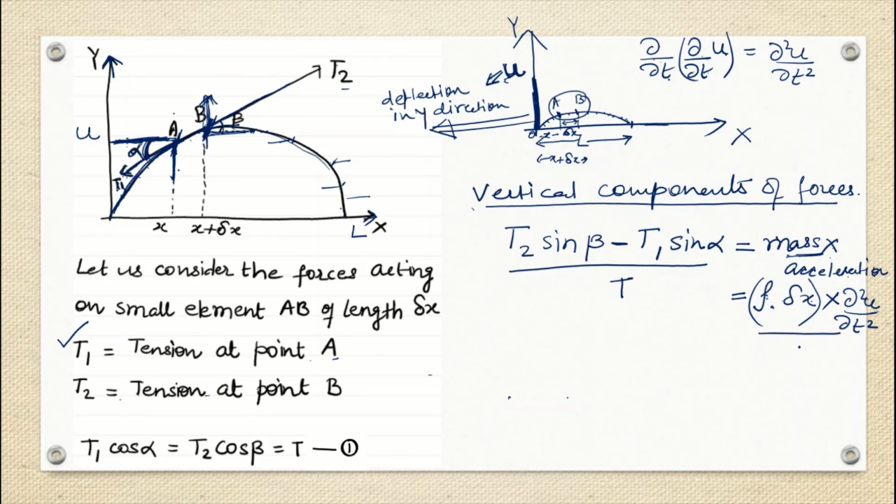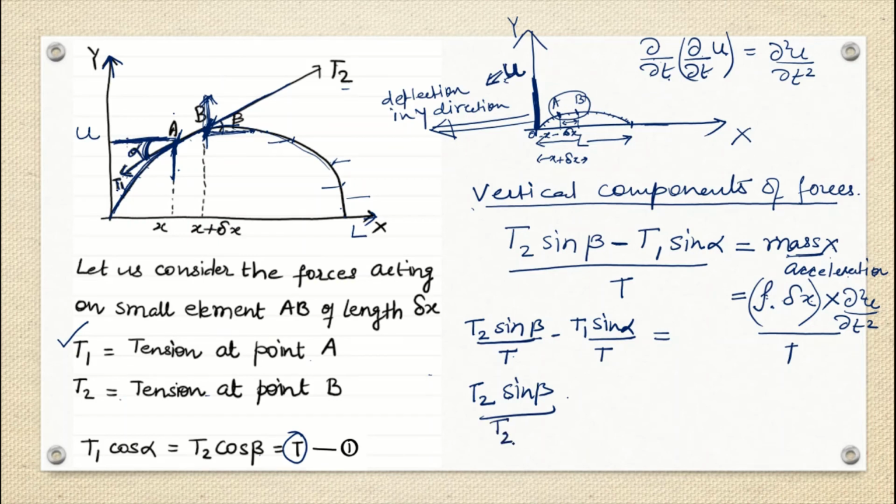In that case my left hand side will become T2 by T, and then this is sine beta, and then T1 sine alpha divided by T. Here I am replacing T, in my first term, with T2 cos beta. It is nothing but T2 sine beta divided by T2 cos beta.